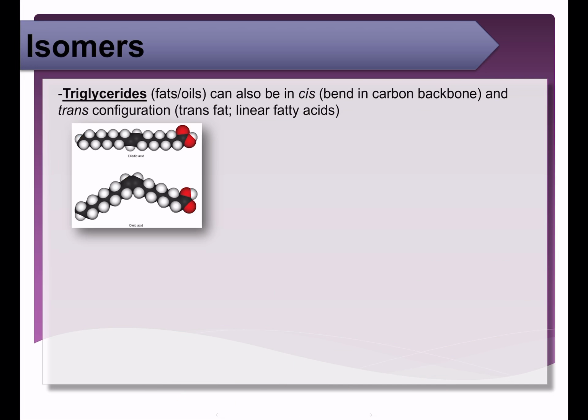Unsaturated fat, we're talking about a form of triglyceride that is in cis conformation, where there will be a bend in the carbon backbone. And trans configuration, in trans fat, like this. So this is an example of trans fat. This is an example of the cis configuration, or what we call unsaturated fat.